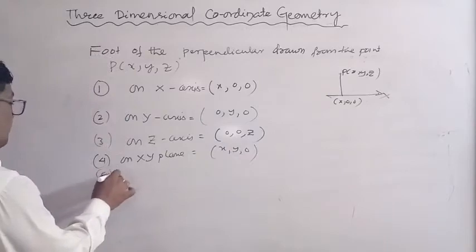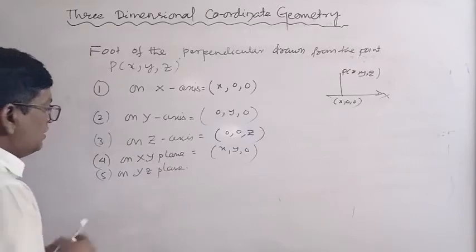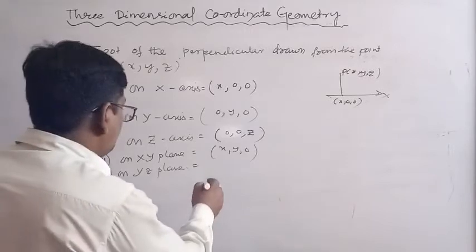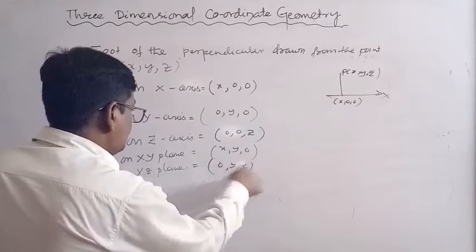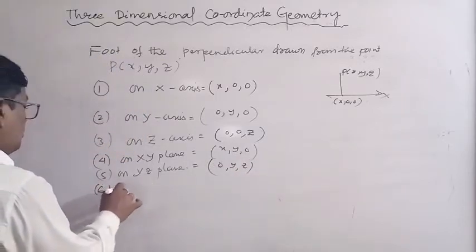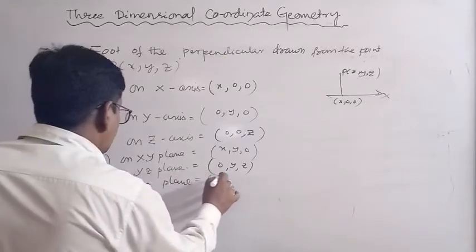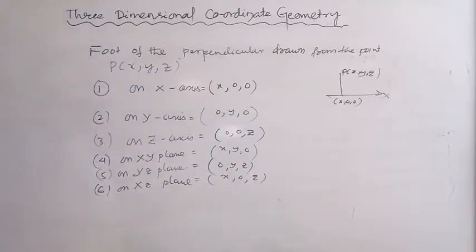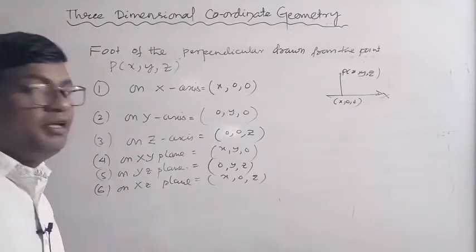On the yz plane, this is 0, y, z. On the xz plane, that is x, 0, z. These are the feet of the perpendiculars drawn from the point P(x, y, z) upon the coordinate planes and coordinate axes. Now image of the point.